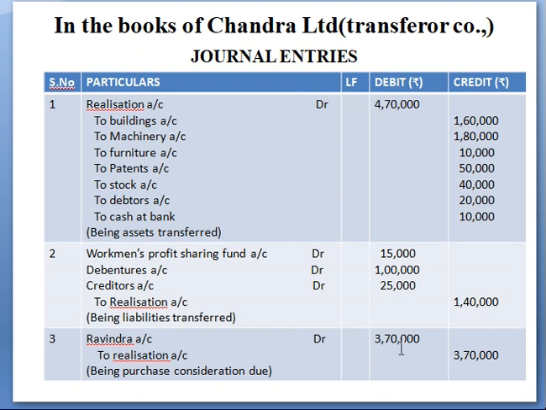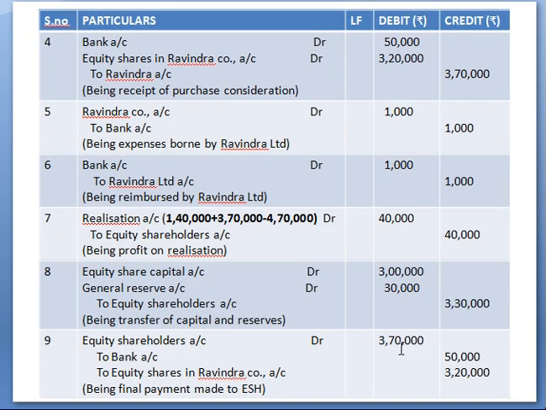Your credit balance is more. When your credit balance is more, it means that incomes are more than the expenses, which means it gets a profit, right? So the profit is payable to the equity shareholders. Now your entry: realization account debit 40,000 to equity shareholders account 40,000.